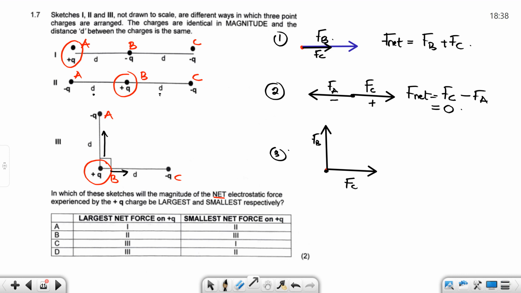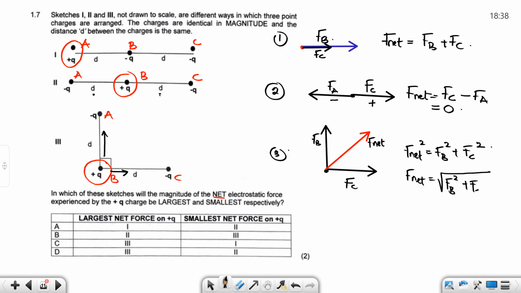My resultant is going to be at an angle, F net. F net squared equals F B squared plus F C squared. F net is the square root of F B squared plus F C squared.